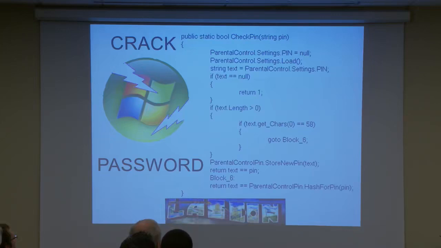Unfortunately, a fairly typical pin check where you come in, you pass in a string, and that string is checked for null. It's checked for length is greater than 0. And then for no apparent reason, there's an if. There's an if branch depending on what the 0th character in your password is, which if you're a pen tester, you'll never understand this.